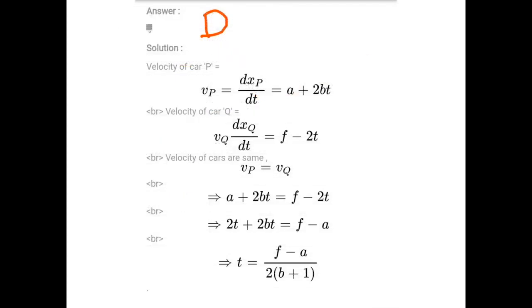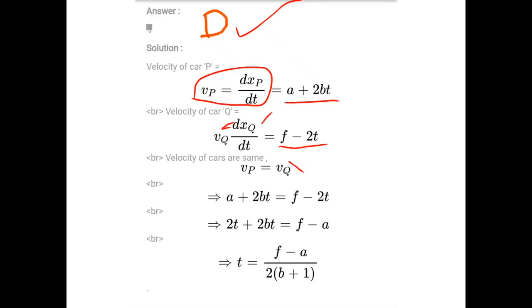The correct option for question number 20 is option D. So velocity of the particle P is given by dx by dt of the particle P, that means given by a plus 2bt, and the velocity of the particle Q is given by vq is equal to dxq by dt, that means f minus 2t.